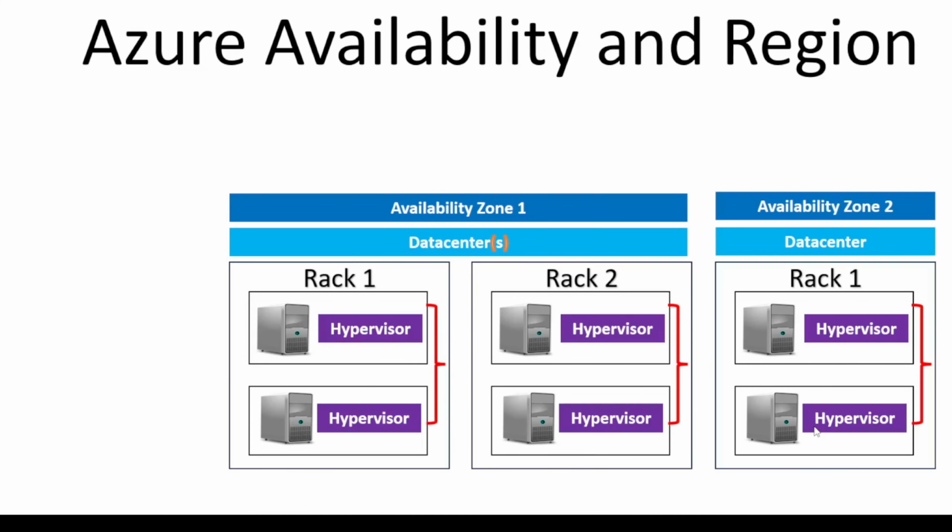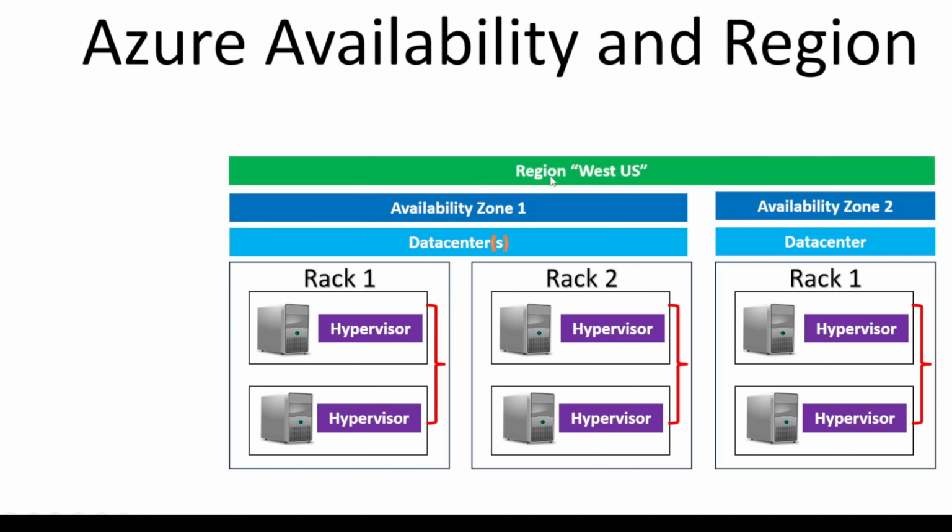In this slide, I'm going to explain what availability zone and region are. So here I have multiple zones, zone 1 and zone 2. You can consider that zone 1 and zone 2 are multiple cities that have their corresponding data centers. So in zone 1, I have one data center. In zone 2, I have another data center.